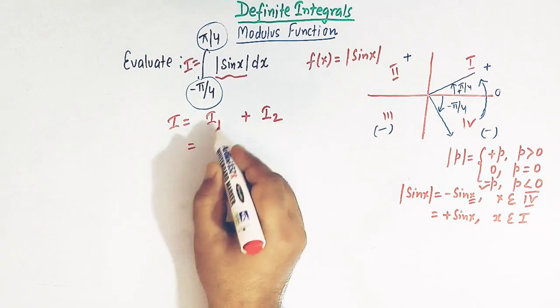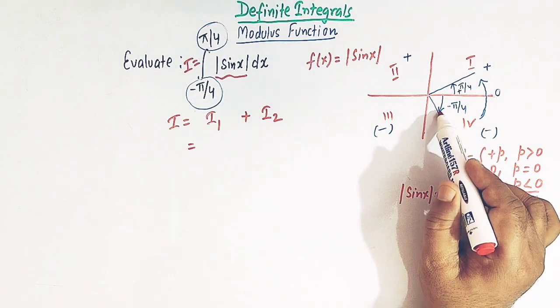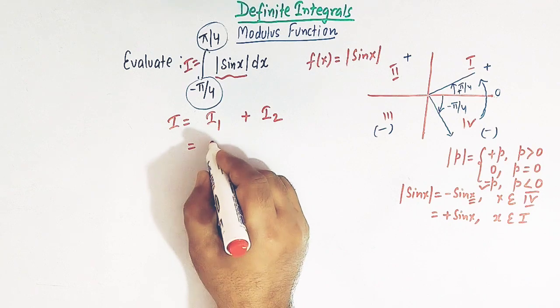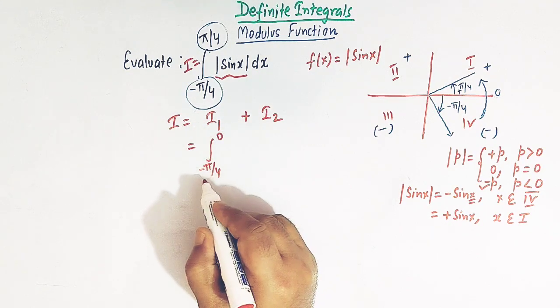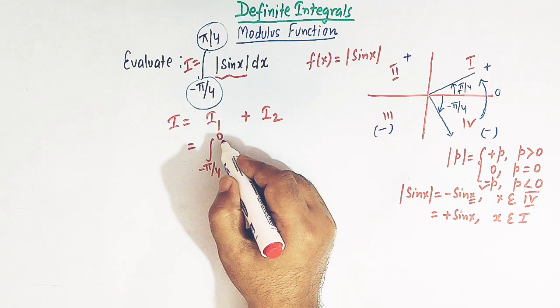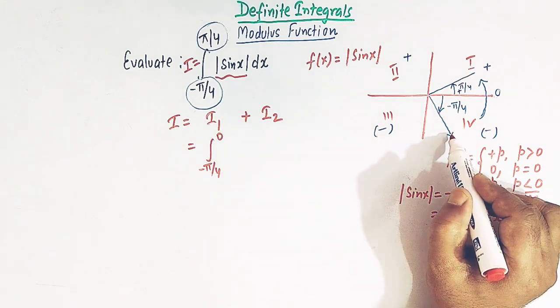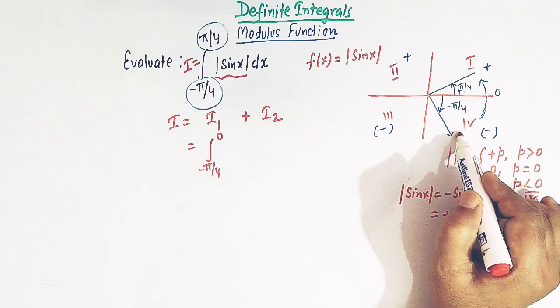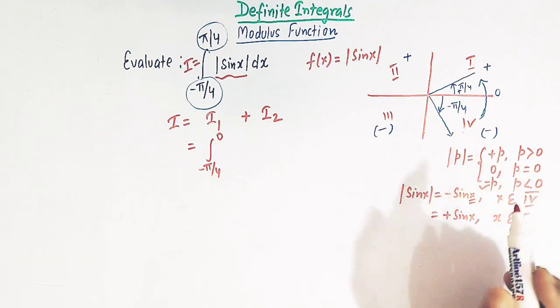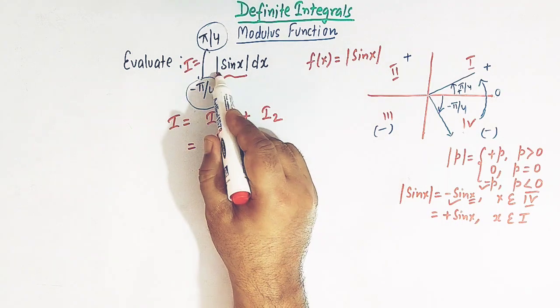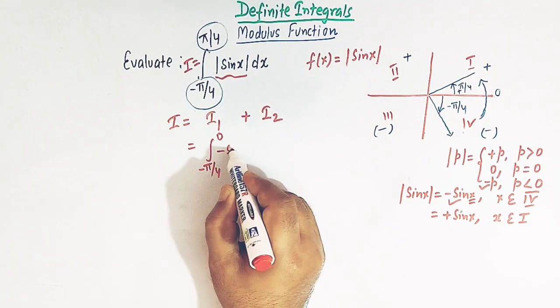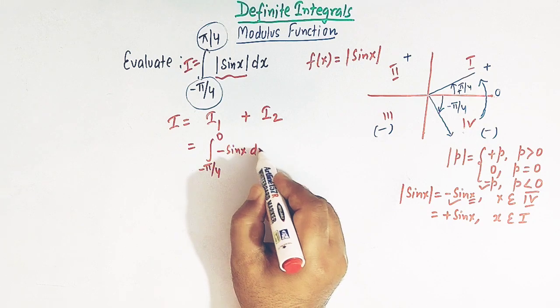Now we can break this integral as a sum of two integrals, I1 and I2. I1 is from minus pi by 4 to 0. When we go from minus pi by 4 to 0, we are in the fourth quadrant, and in the fourth quadrant mod of sine x is negative sine x, so mod of sine x should be replaced by minus sine x.